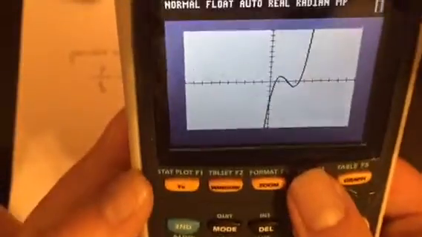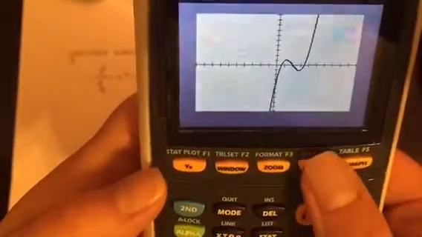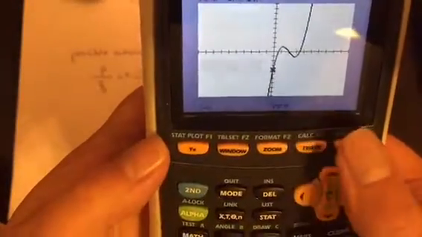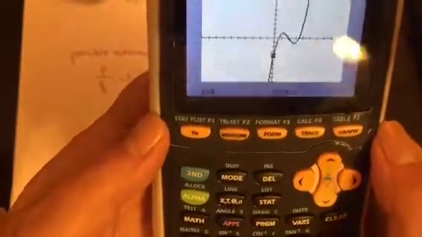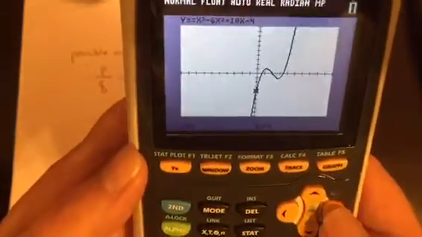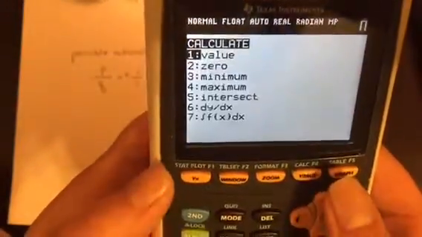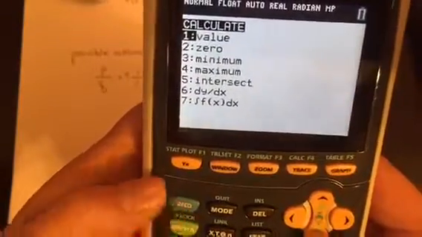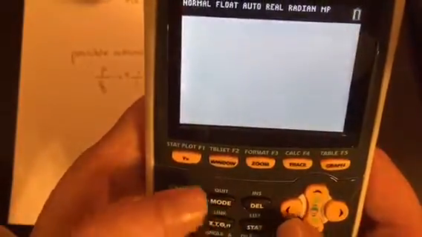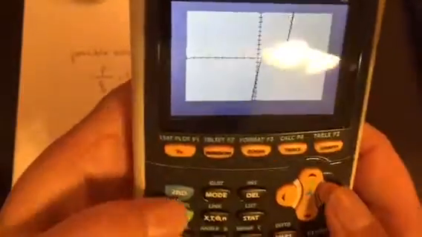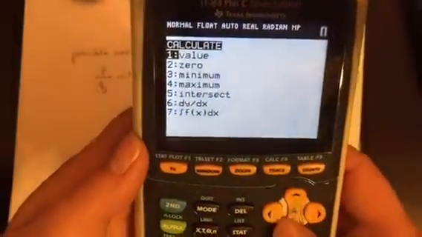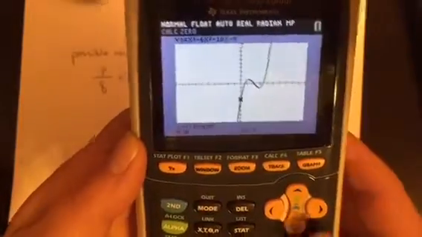Now, I just want to confirm that these are in fact my zeros. So I'm going to hit trace, not second trace. Oh goodness, silly me. Yes, second trace, there we go. So let me clear out of there and just show you again. I'm going to hit second trace and then 0.